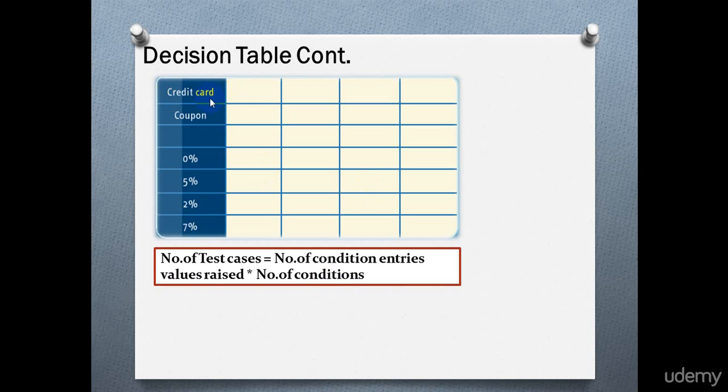What is that 2? Credit card and coupon. Hence the total number of test cases will be 4. Fine. The next step is to fill the condition entries and action entries.